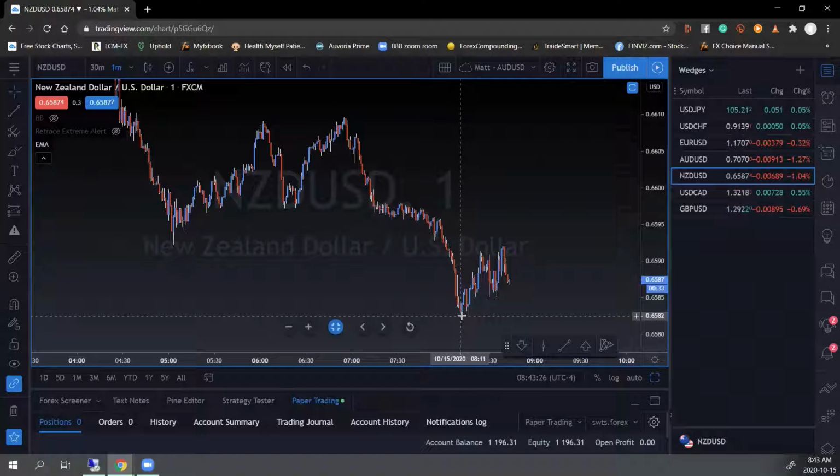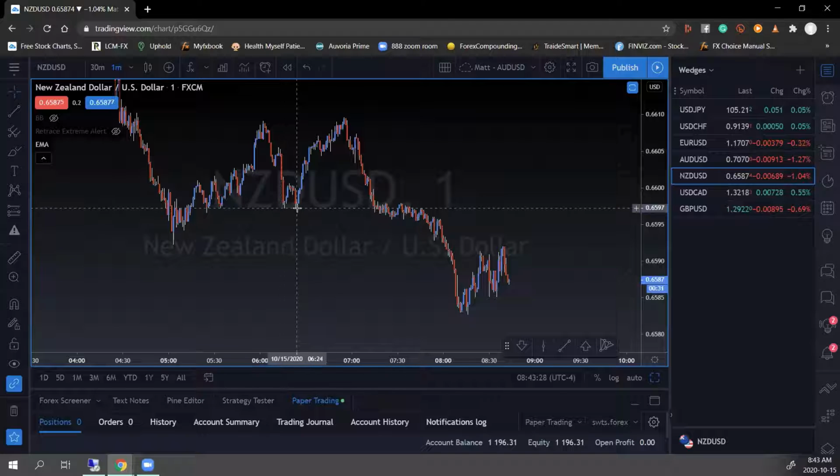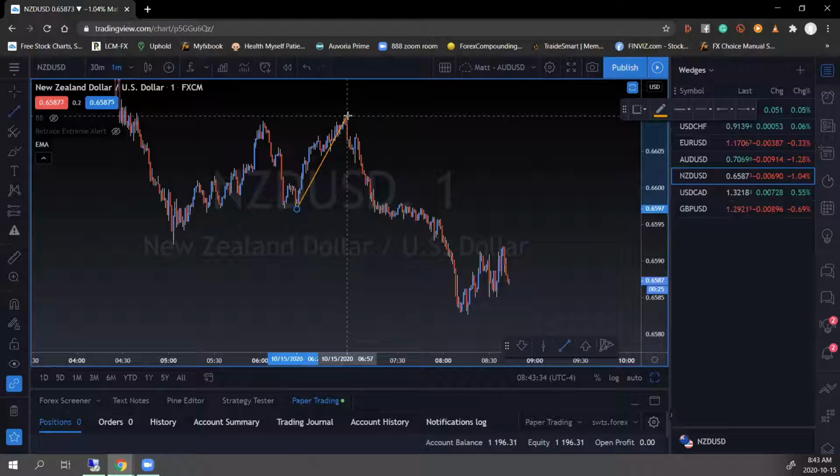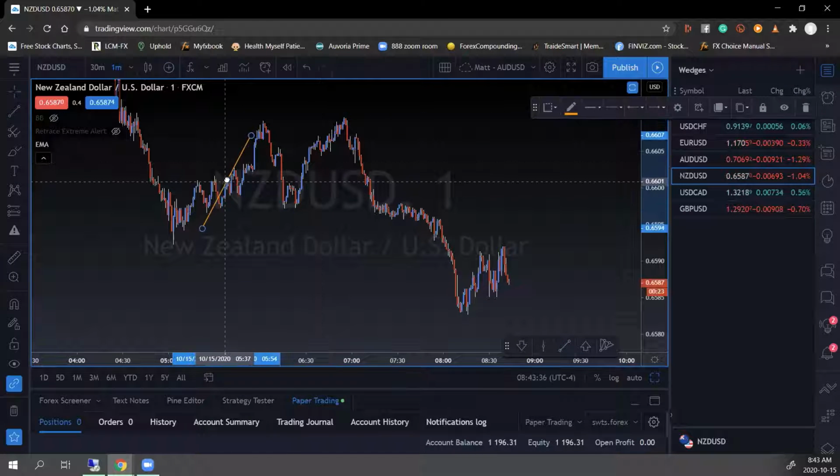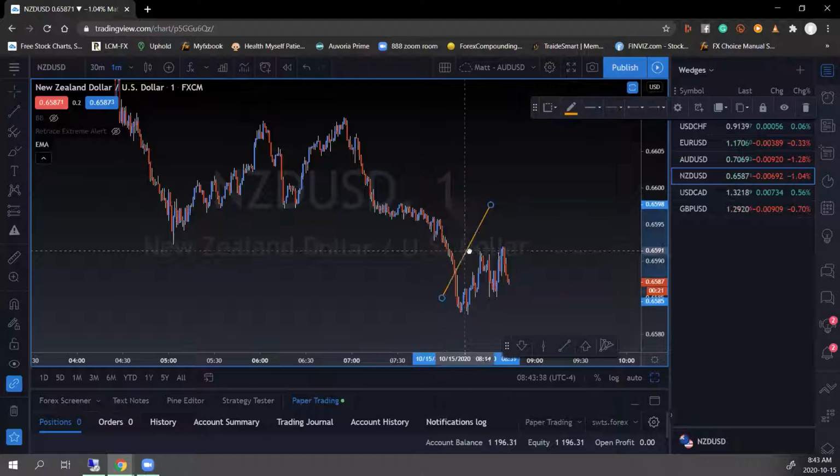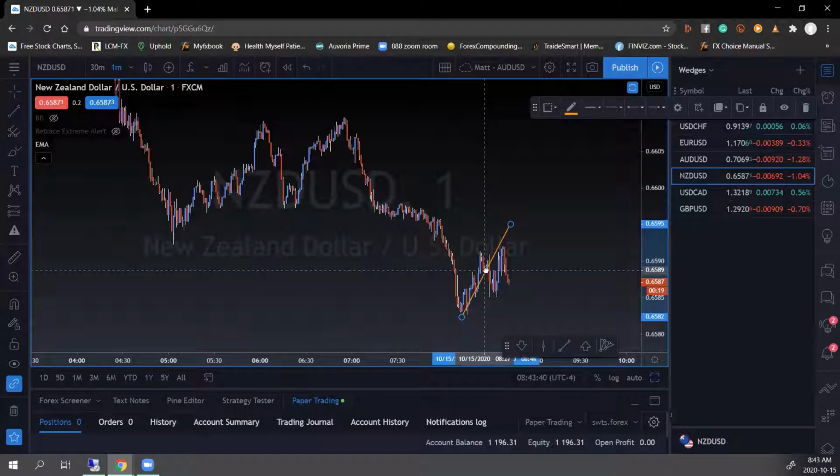So, interesting how we have bottom, bottom, and bottom, bottom, and then boom. So maybe likelihood, as price likes to do the same thing over and over. So if it does come up here, it could come up to there, 65.95, and then plummet down.